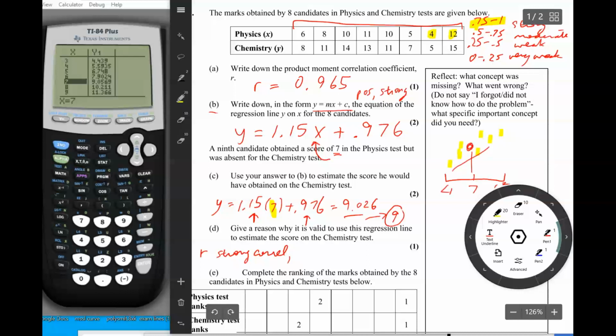Now, if they asked you to figure out what the chemistry exam score is for a physics score of 15, do you see how that would be a little bit more of a risk? Because you see how 15 is not within your yellow data cloud. So how do you really know that the yellow data cloud doesn't curve up all of a sudden or whatever? You don't know, right?